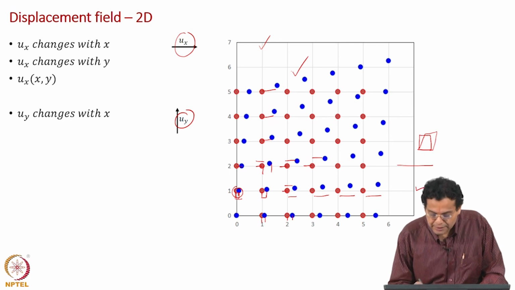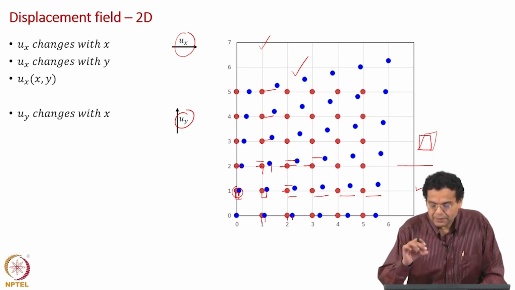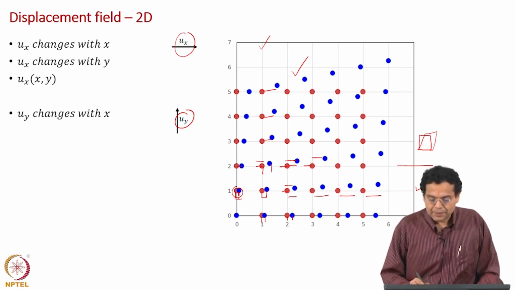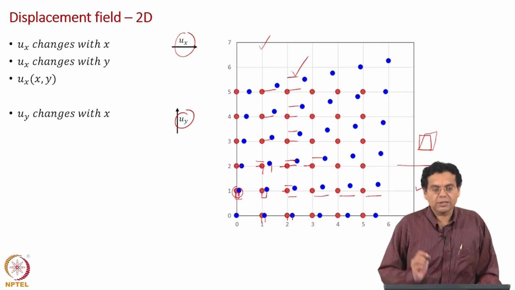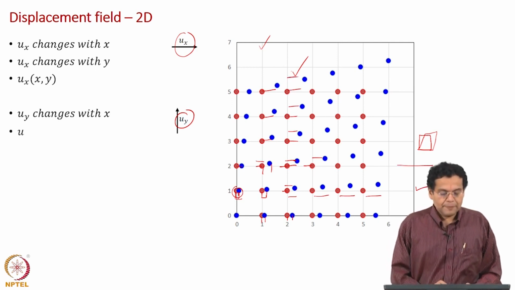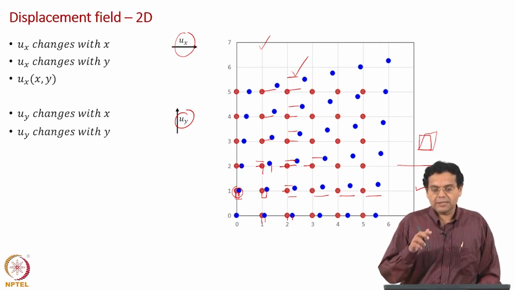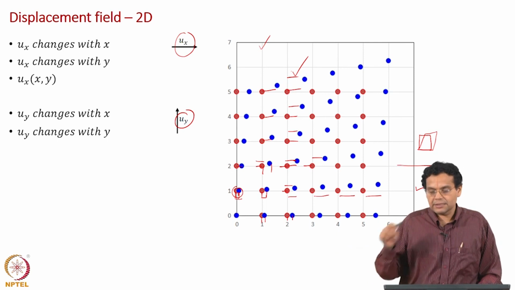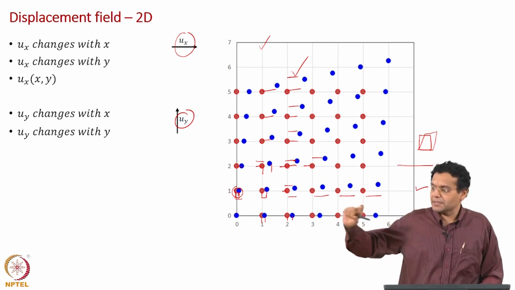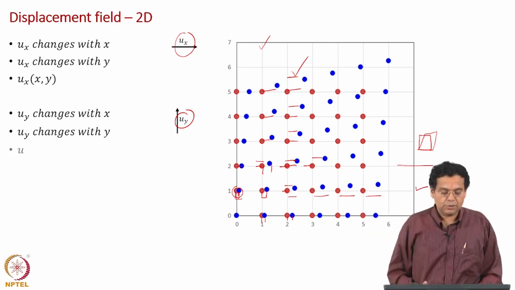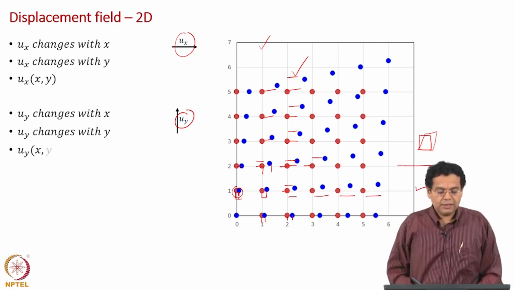If you consider these two particles, there is once again y displacement, it is more than the earlier set, and this y displacement keeps increasing as you go along the y axis. So, uy changes with y as well. So, the vertical displacement changes along the x axis, and along the y axis also. uy is a function of x comma y.